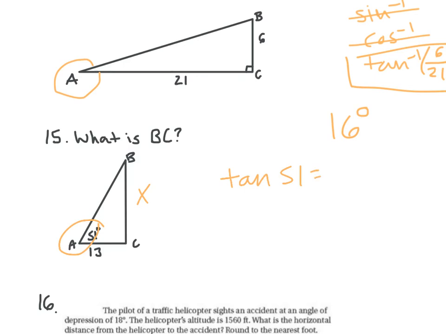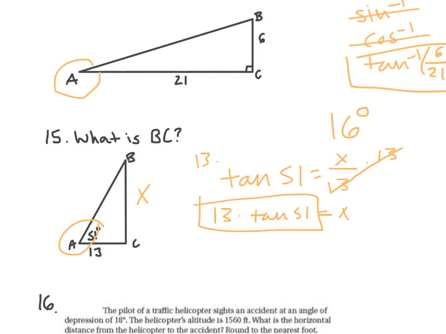So what's opposite of angle A? X. And what is adjacent? 13. So we can multiply 13 by both sides. So it cancels out on the right, and we get 13 times tan of 51 is equal to X. And we're just going to put this into our calculator.